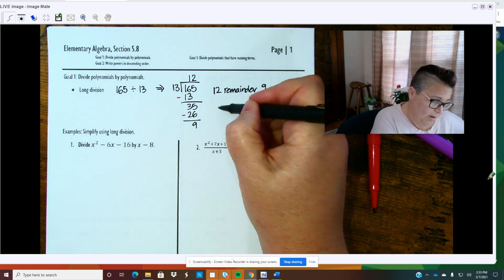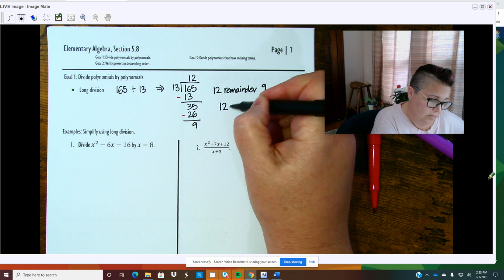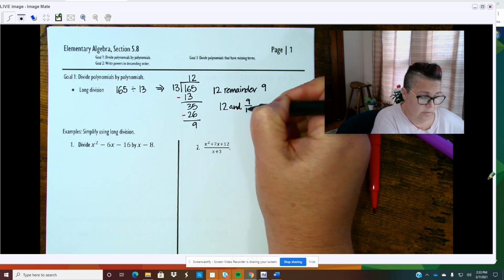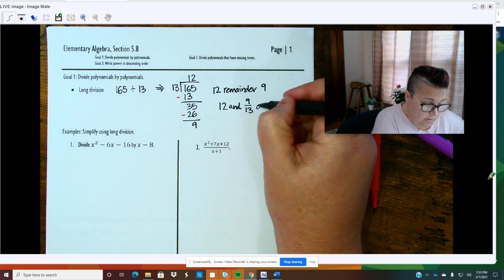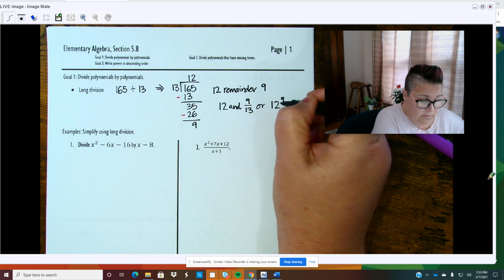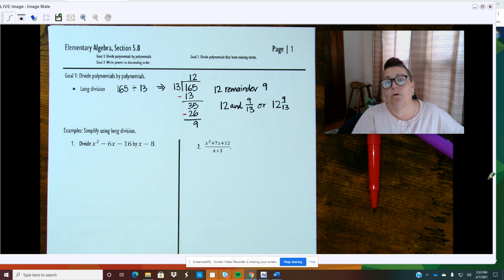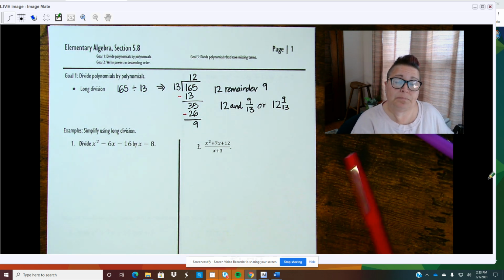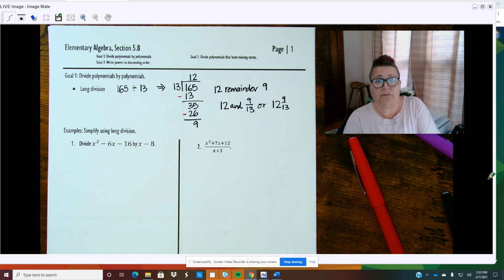Once we knew about fractions, it would have been 12 and 9 over 13, or 12 and 9/13. We're going to be building upon this idea of fractions and fractional parts as we do long division with polynomials.